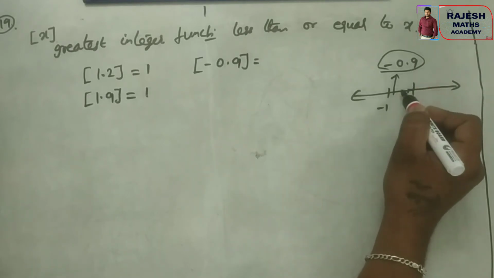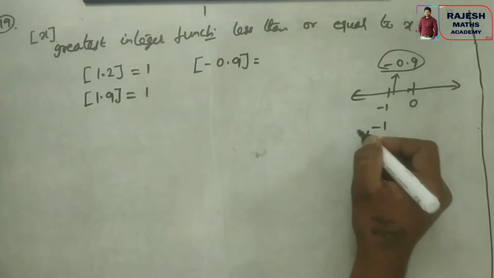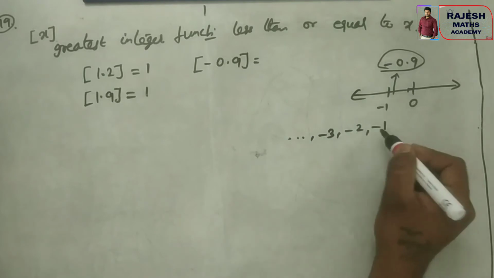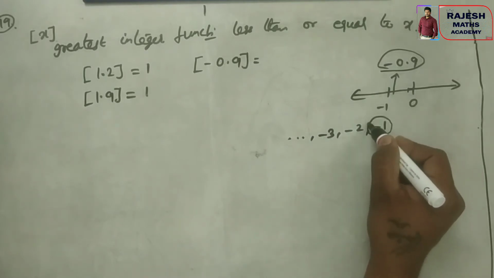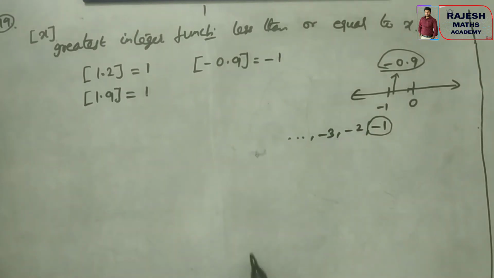Equal to minus 0.9, there is no integer. Before that, we have to plot this point on the number line, and it will be very easy to understand. This is my 0, minus 1, and minus 0.1, minus 0.2, minus 0.3, up to minus 0.9. Less than this, what integers are available? Minus 1, minus 2, minus 3, etc. Among all these, the greatest integer is minus 1. So the greatest integer of minus 0.9 equals minus 1.